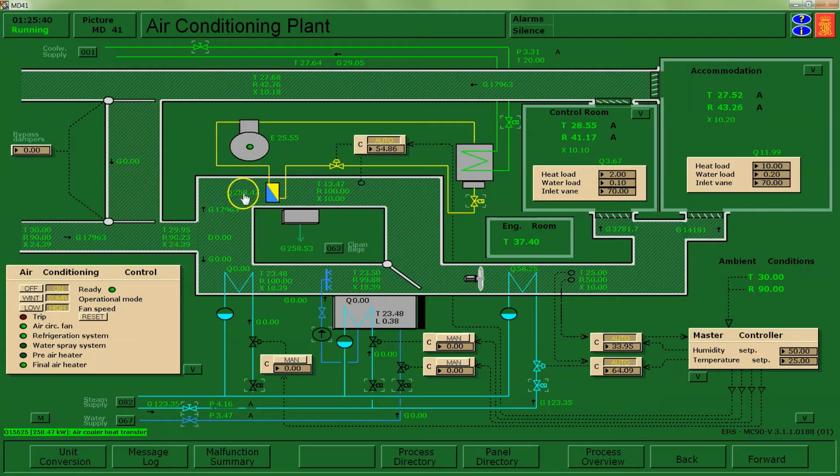As we pass through, we're going to cool, and the heat that's being removed is 258 or so kilowatts.